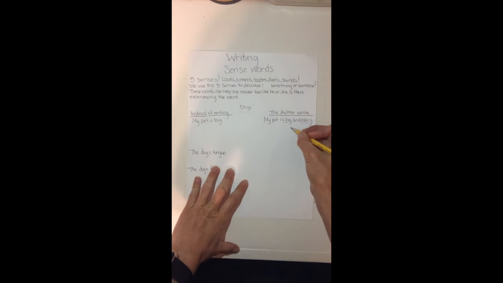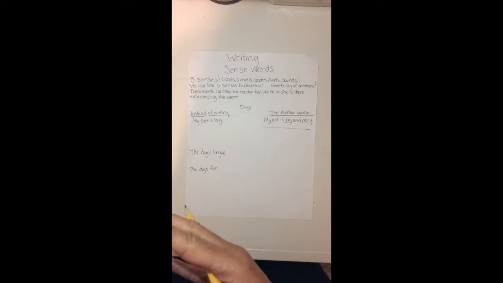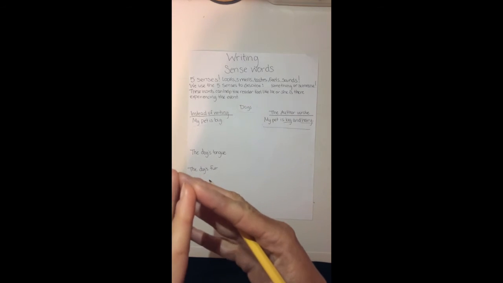So why is the author's sentence more interesting? Well, that's because it uses a sense word to describe the pet. And what does this sense word describe?